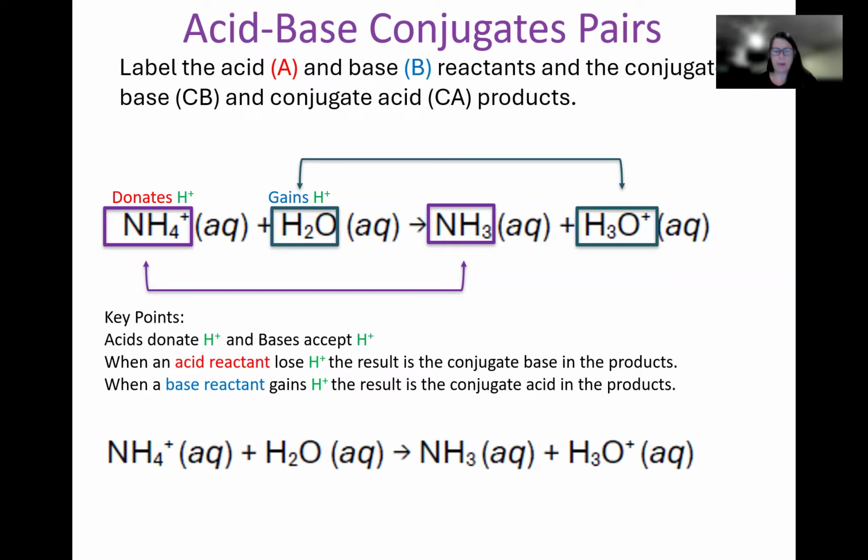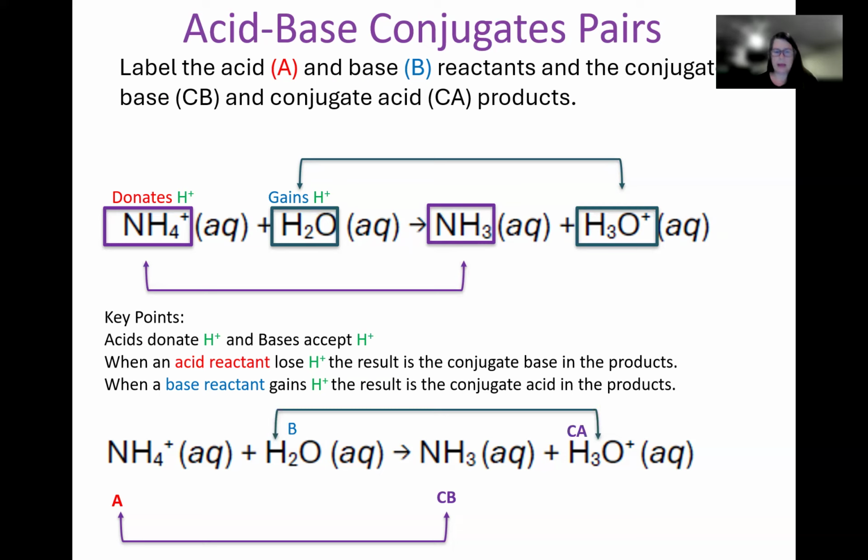And then we can label our acid. Always going to be a reactant is the ammonium ion, and its conjugate base is ammonia. And then the water is acting as that base, and its conjugate acid is the hydronium ion.